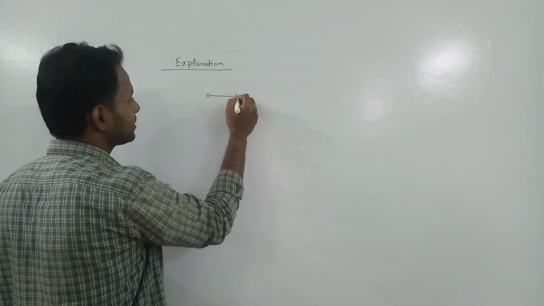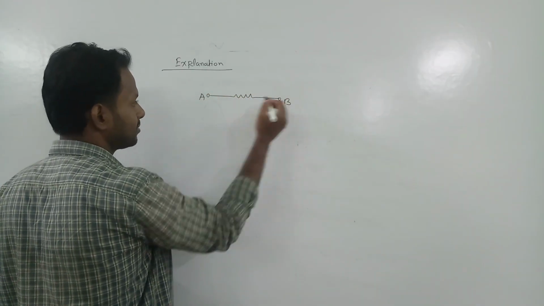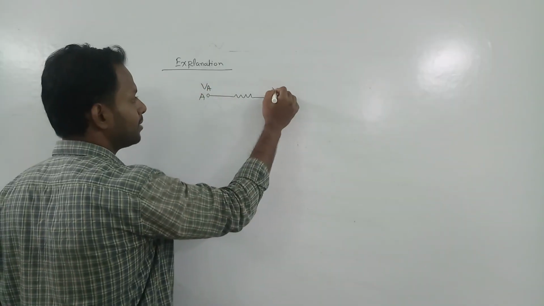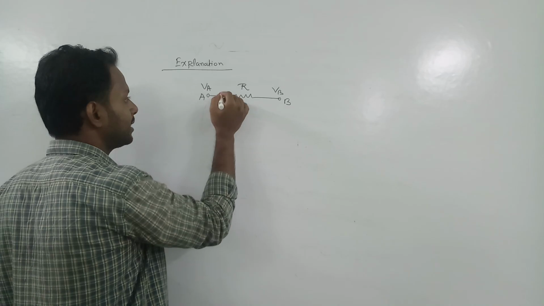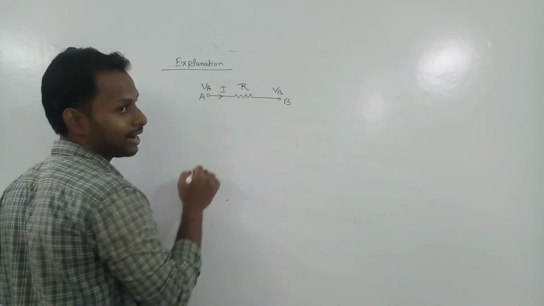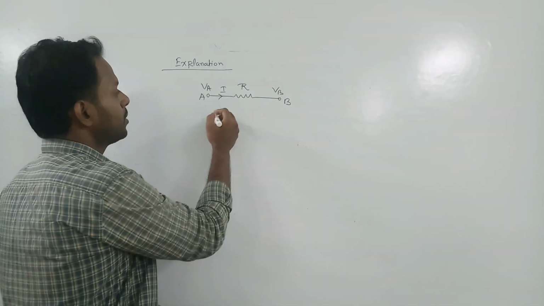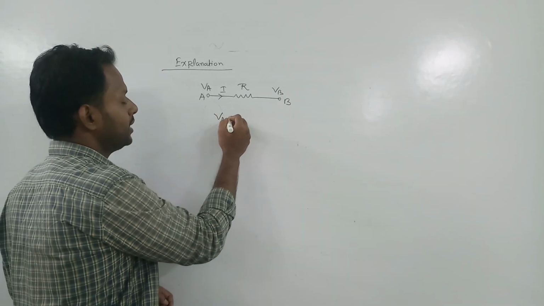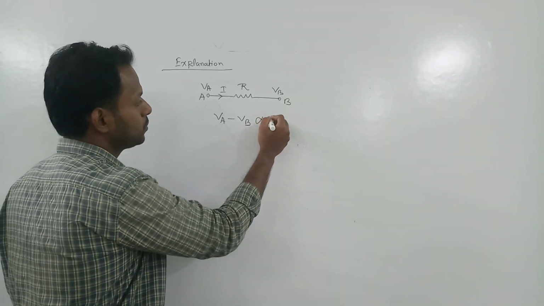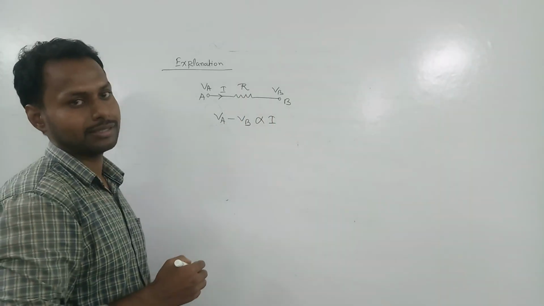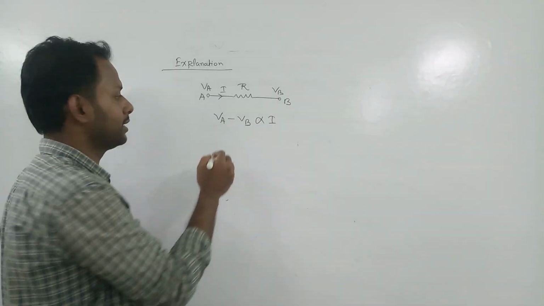Take a conductor which has two terminals A and B, with potentials VA and VB, symbolized as R, and take the direction of current as I. According to Ohm's law, the potential difference, that is VA minus VB, is directly proportional to the supply current. That is, VA minus VB is proportional to I.